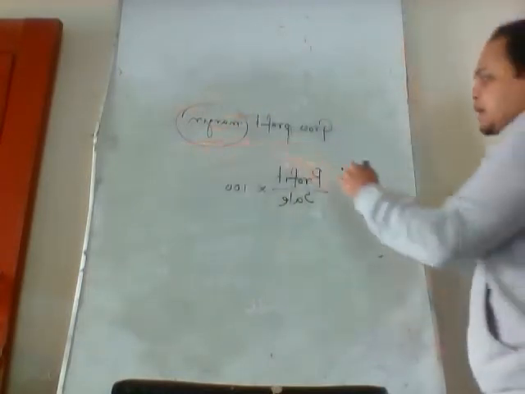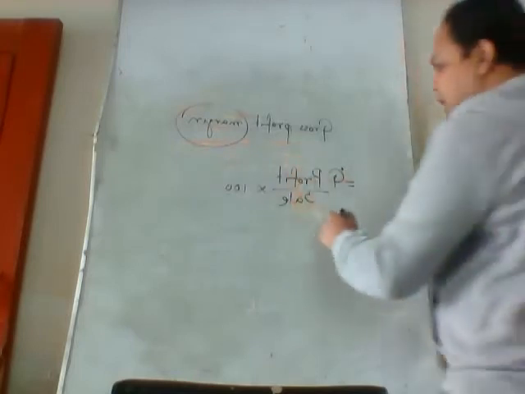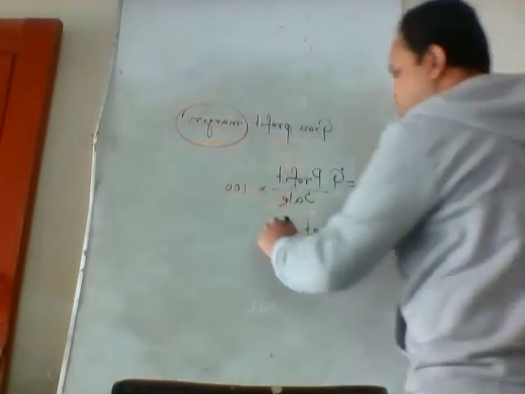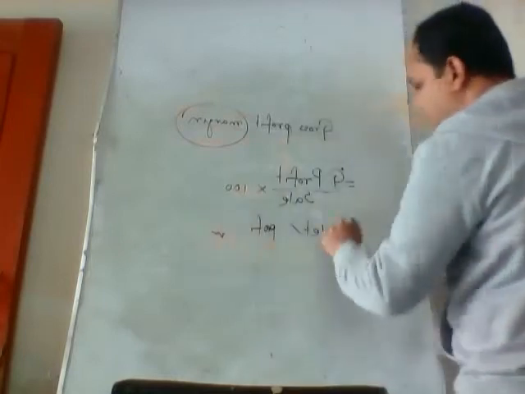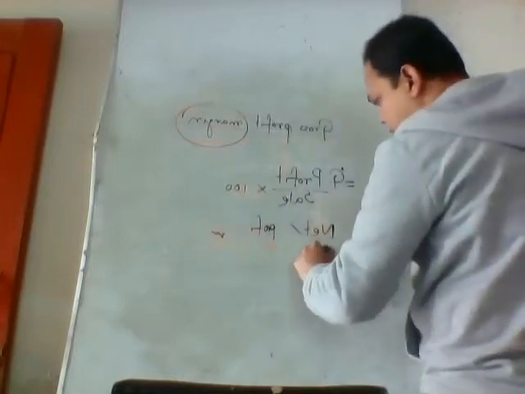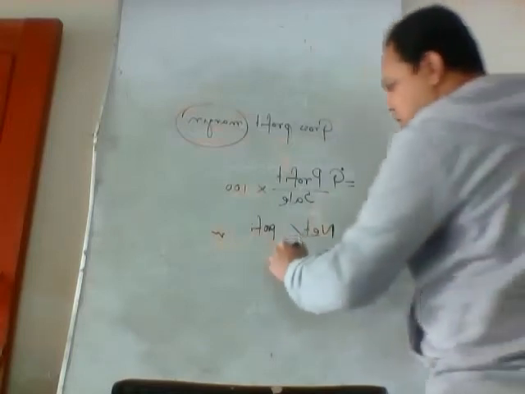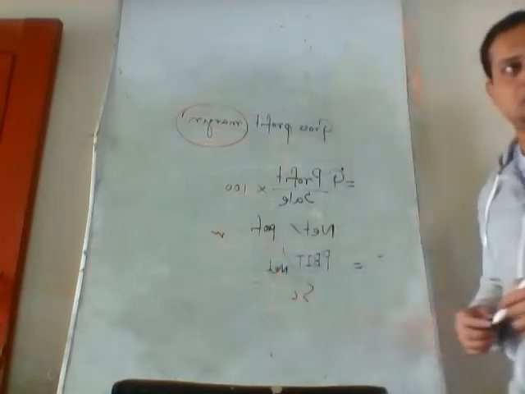That's why we take gross profit to sale. When we calculate net or operating profit margin, then we take profit before interest and tax, or net profit, divided by sale into 100.